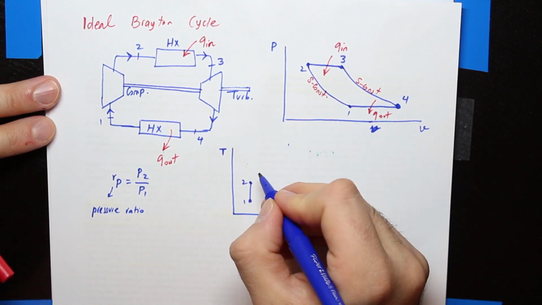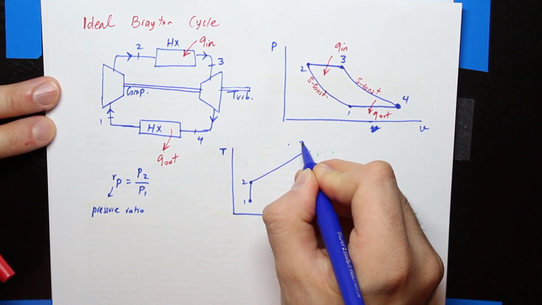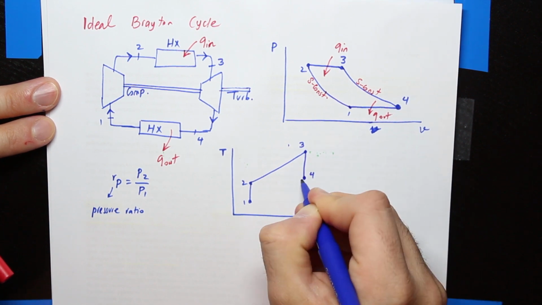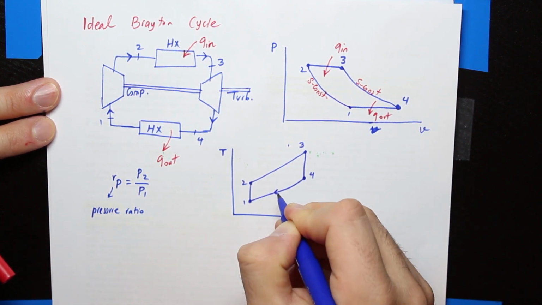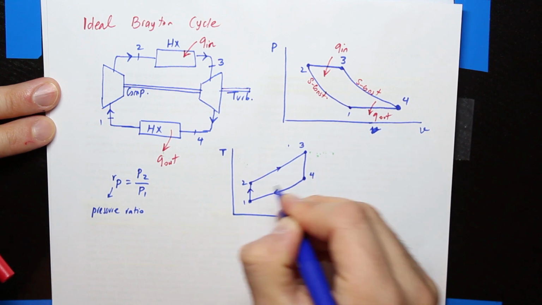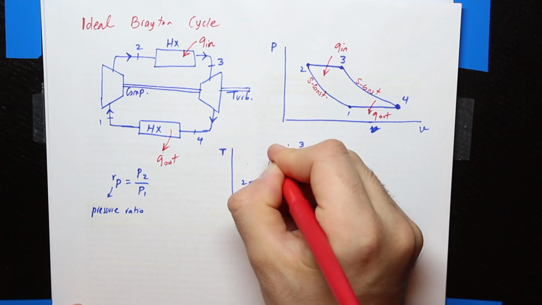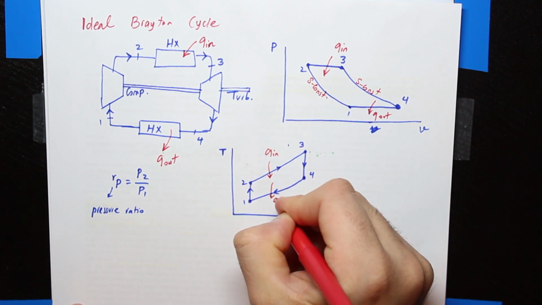And from 2 to 3, we have the heat addition. From 3 to 4, another vertical line. And from 4 to 1, heat rejection. Okay. Q in, Q out.